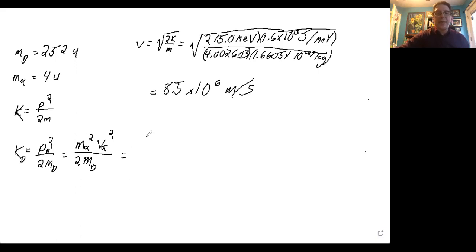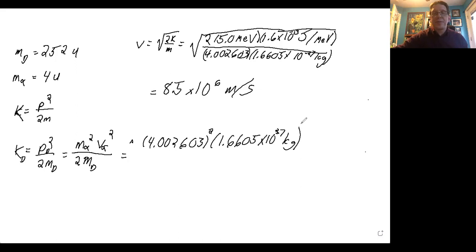So we have 4.002603 again times the 1.6605 times 10 to the negative 27, and you're squaring both these terms.